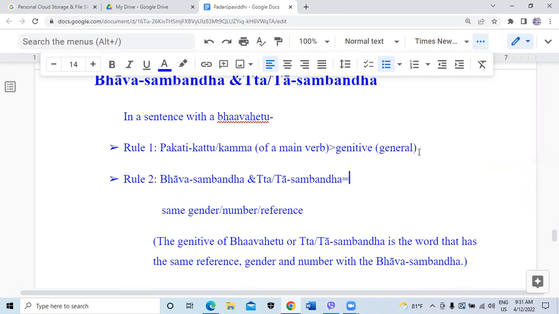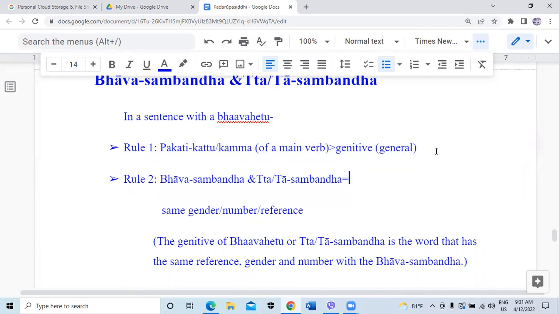So that's why I write like this. I mention like this: this rule is general, this rule is always correct if we check.